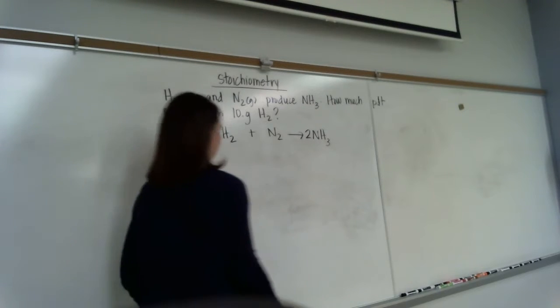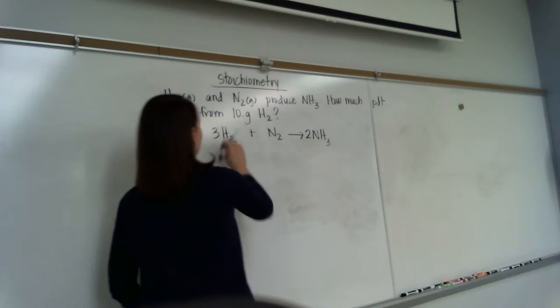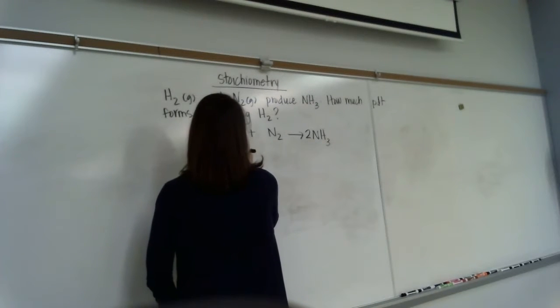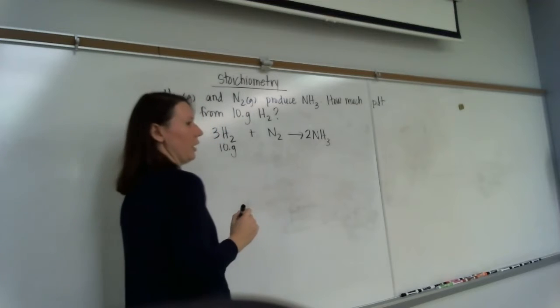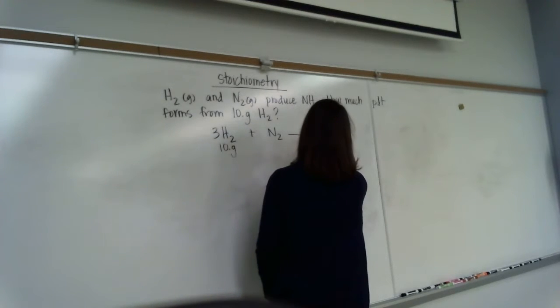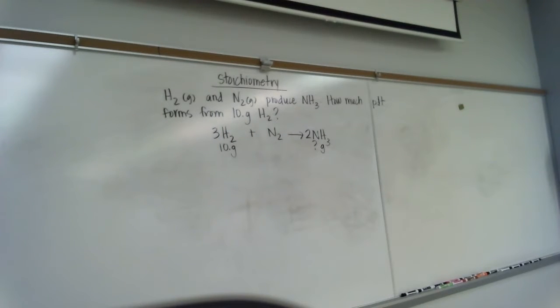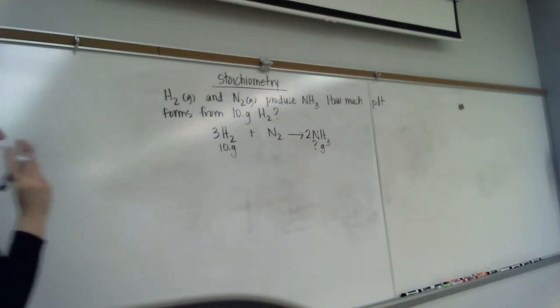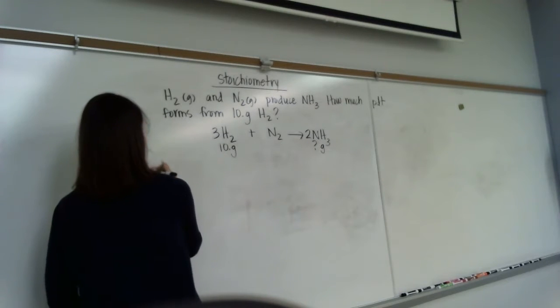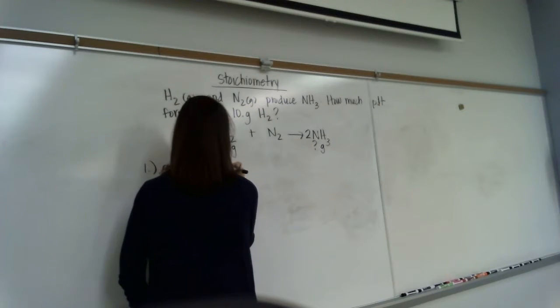There we go. Okay, now what I do is I write what I know underneath it, and then I put a question mark next to the thing that I'm looking for. Stoichiometry is 3 steps. First step is we're going to convert grams to moles for H2.